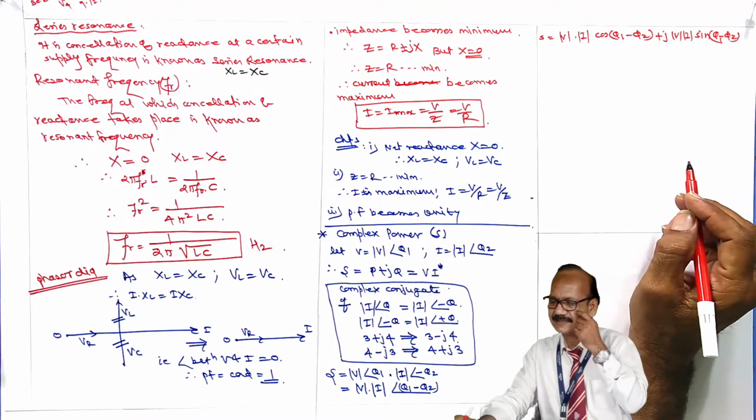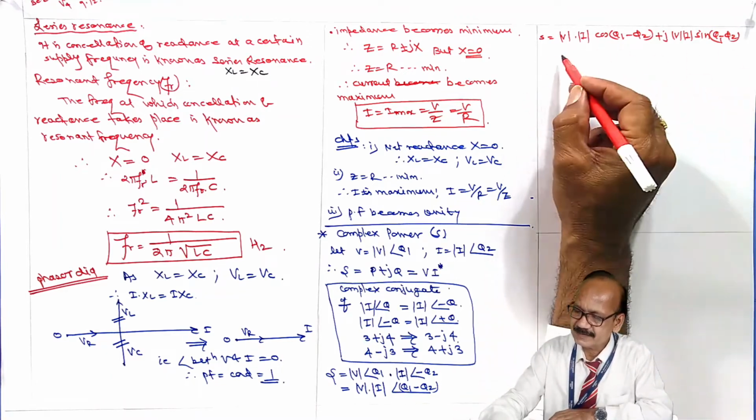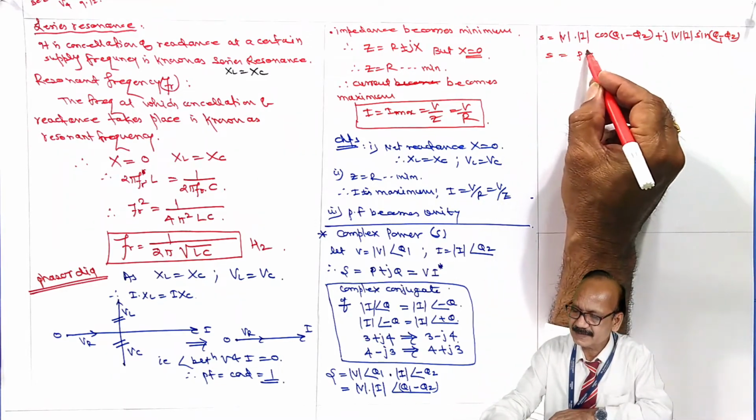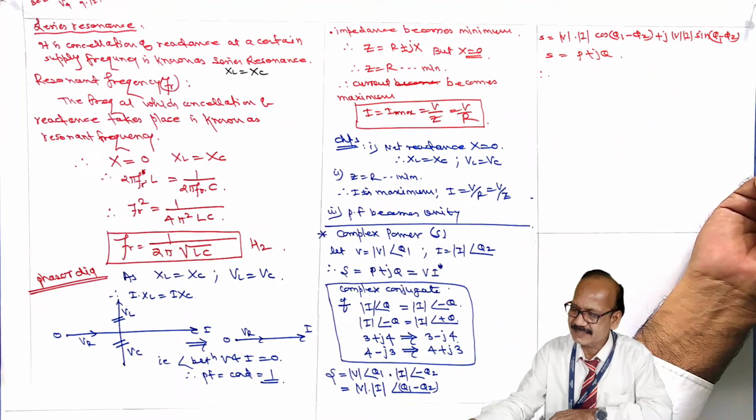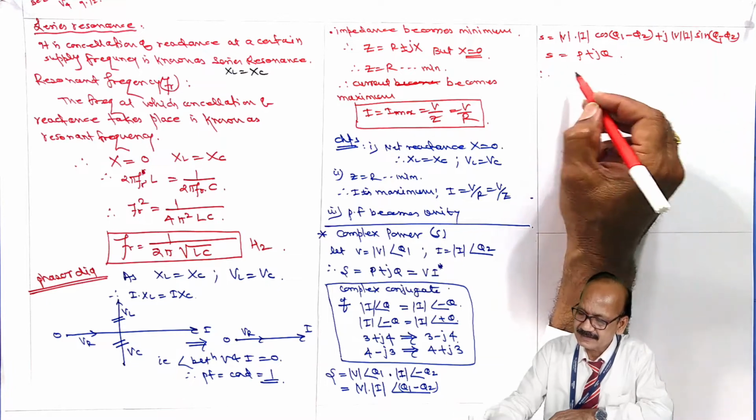Theta 1 minus theta 2. Now, when you compare this P plus JQ, P is the active power and Q is the reactive power.